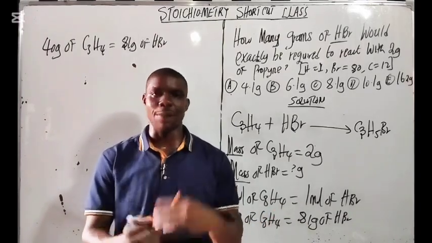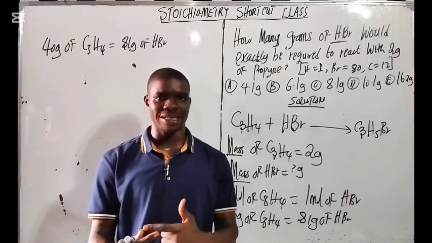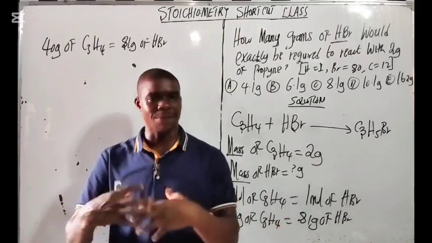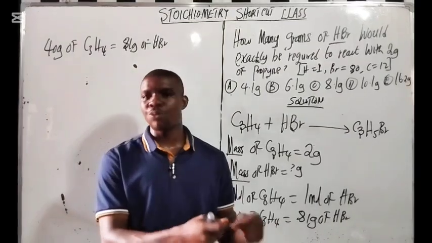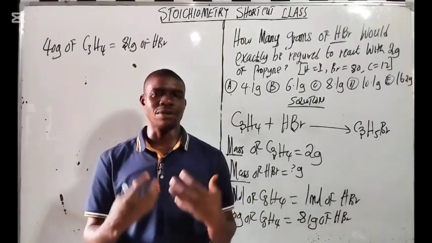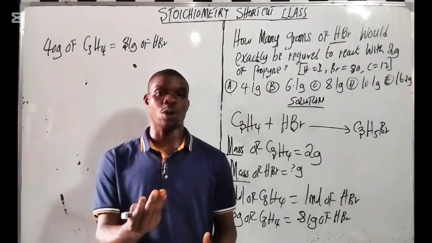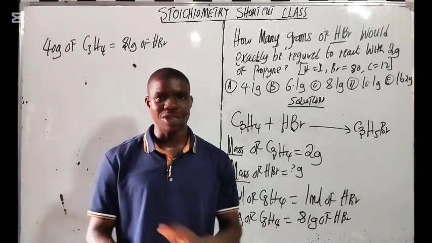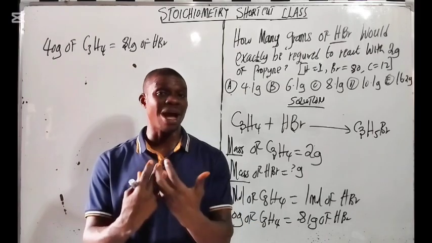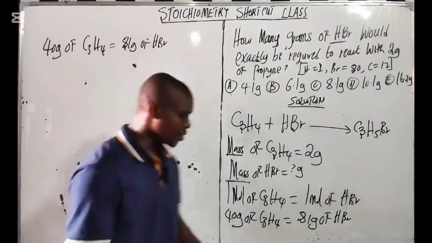The reason why it's taking time here is that I'm explaining to you. Once you understand this step and master what I'm teaching here, this calculation will be much easier for you in the examination. If I see this kind of question, it will not take me up to 60 seconds. I'm done with it. The reason it's taking me time is because I'm explaining it to you, right?